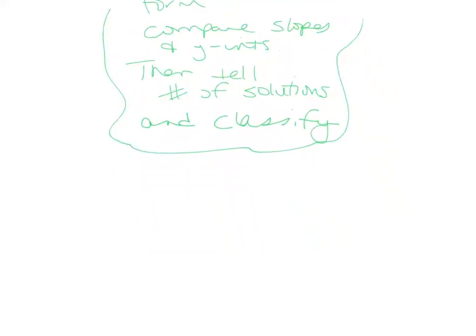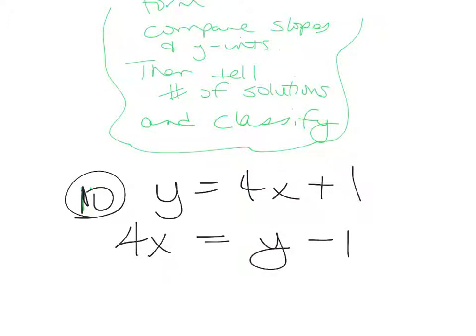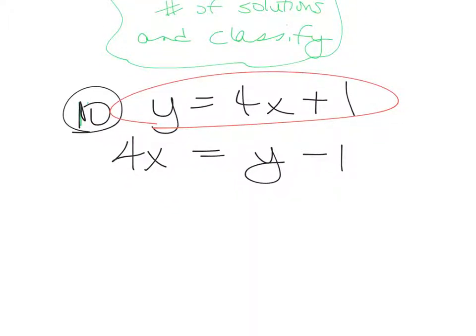And then what they'll do is you'll have, say, question number 10, and it might be y equals 4x plus 1, and let's say it's 4x equals y minus 1. Notice the first one, it's good to go, but we need to fix this one.